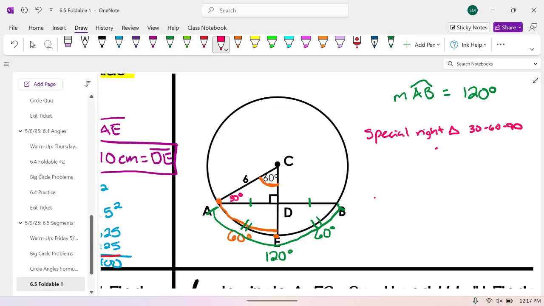And just to recap, the formula is as follows. This is the 30 side, this is the 60 side. The side that's opposite from 30 is known as the what?